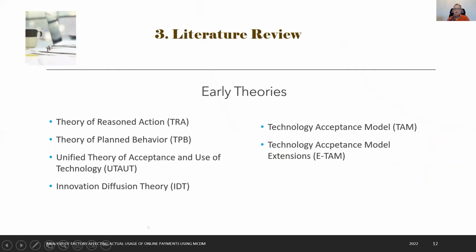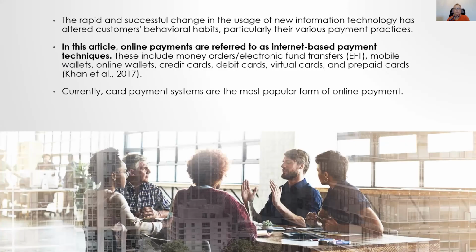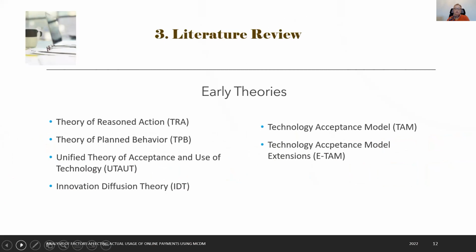And in this article, we refer to online payments as internet payment techniques. And when we look at the early theories, we see theory of reasoned action, theory of planned behavior, unified theory of acceptance and use of technology, innovation diffusion theory, where our model is based on the technology acceptance model and technology acceptance model extensions.